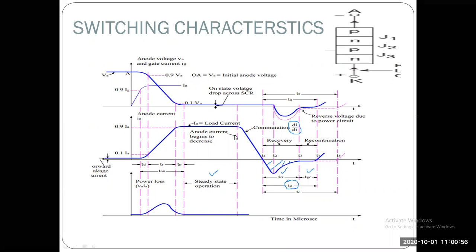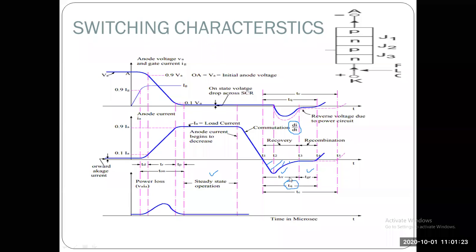What are the three factors? The first factor is the initial anode current, which is already passing in the SCR. Before giving a command to turn off the SCR, how much anode current is present in the SCR? It is very important.